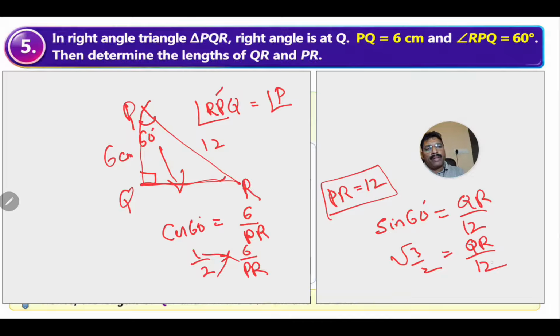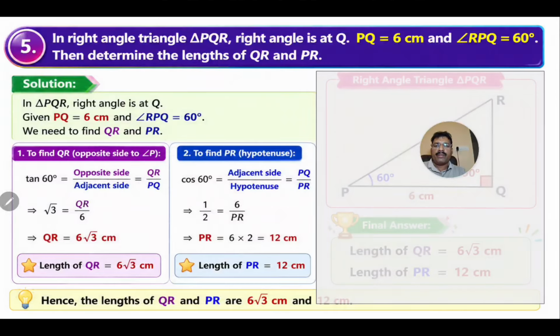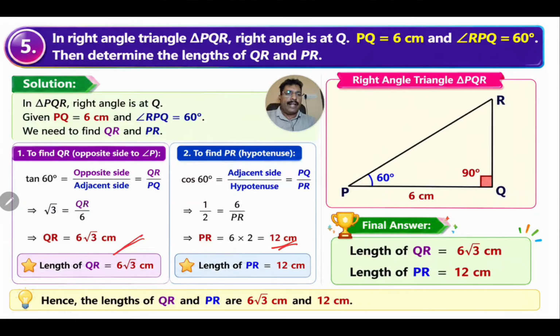By cross multiplication, 12 into root 3 by 2 is equal to QR. So QR value is 2 1s are 2, 2 6s are 12, so 6 root 3. QR is equal to 6 root 3. In this way we have to find the solution. See the solution: QR value is 6 root 3 and PR value is 12 centimeters from this right angle triangle.